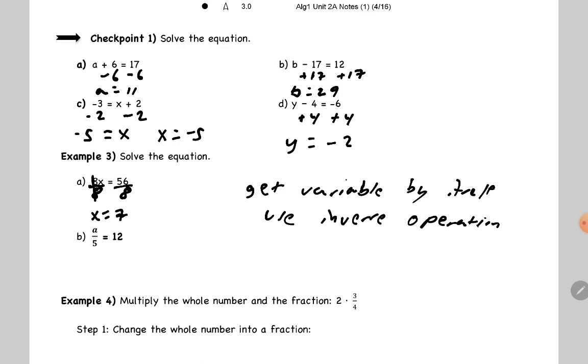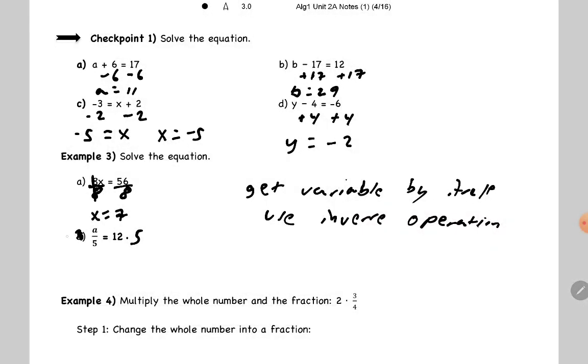So now we have a divided by 5 equals 12. What is the opposite operation? Multiplication. So I'm going to multiply both sides by 5. So how do we show that? Just ignore the b here. And I would multiply by 5. So dot 5. Not decimal point, but dot. And then dot 5 on this side.